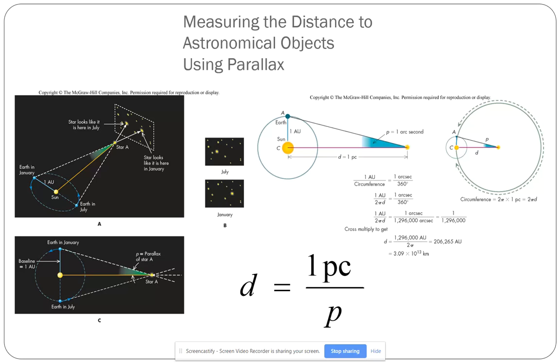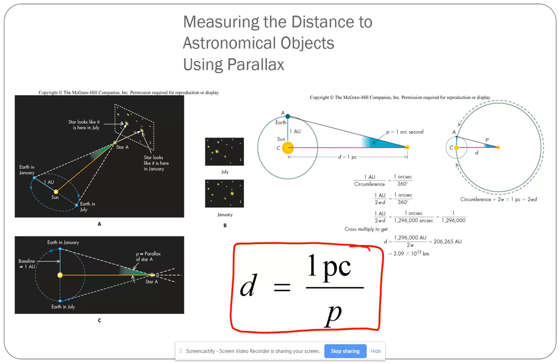I'm just not going to go into the trigonometry here. It's not hard, showing a full circle and breaking things up. But the simple relationship is the distance to an object is inversely proportional to the size of the apex angle there, the angle marked P, that's called the parallax angle.